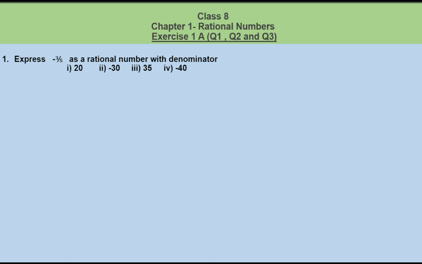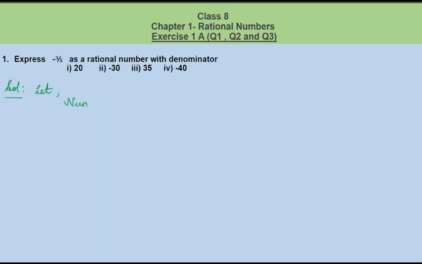Question number 1 says you need to express minus 3 by 5 as a rational number with denominator 20, minus 30, 35 and 40. To do these kinds of questions, we first assume that the numerator is some variable.